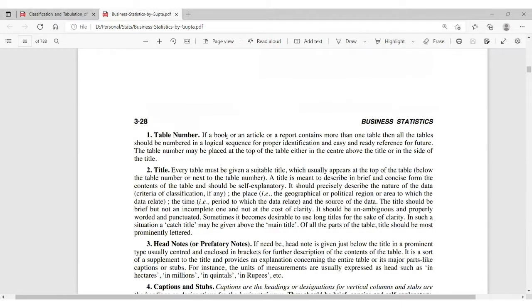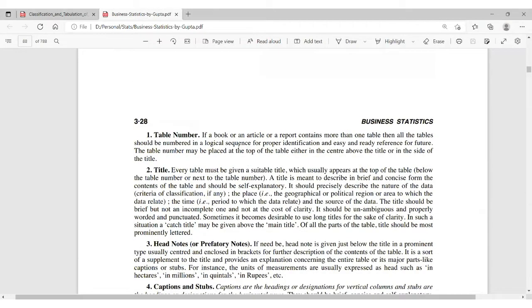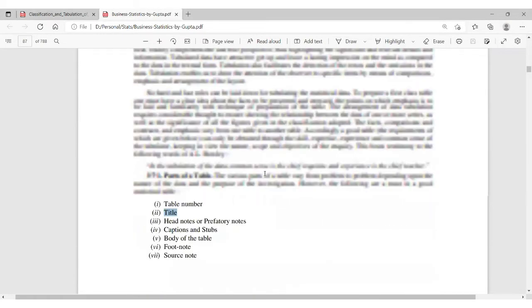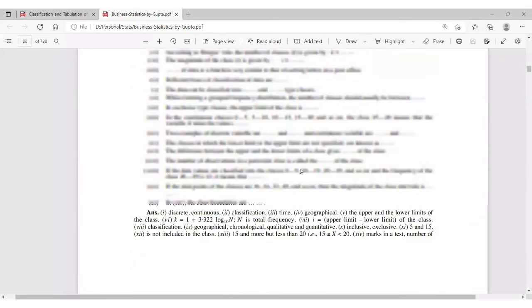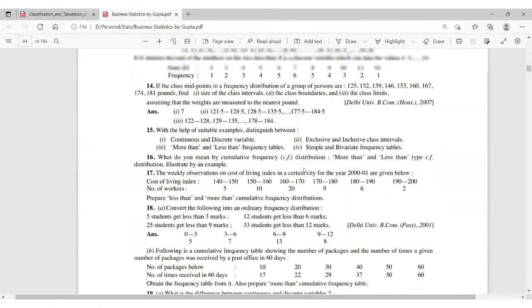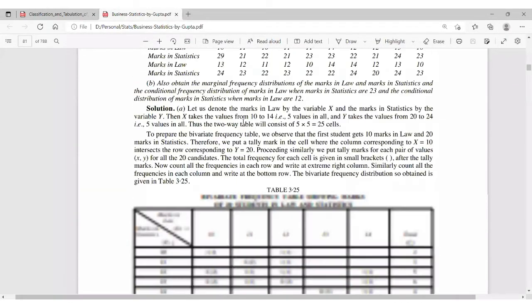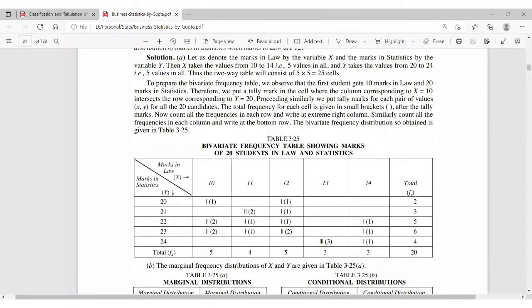Like the table number, we always make a number for that table, right? You've seen in every book, when there is a table, for example, you mention table 3.25.